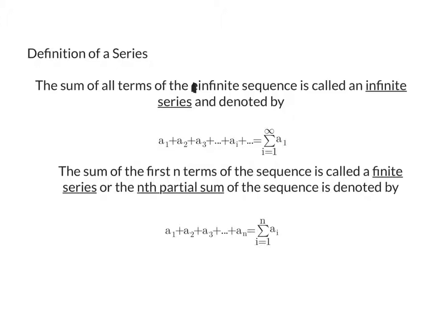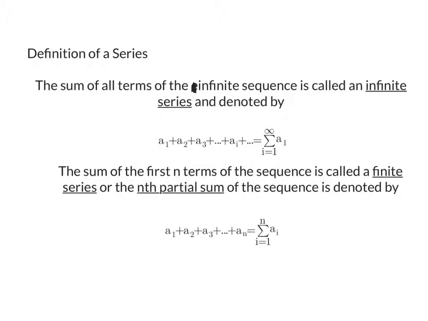The second one says the sum of the first n terms of the sequence is called a finite series, or the nth partial sum. It's very rare that we really use the word partial sums. We mostly use just infinite and finite. But as you get into upper levels, you may see partial sums, so you need to know what that means. So partial sum is just about finites.